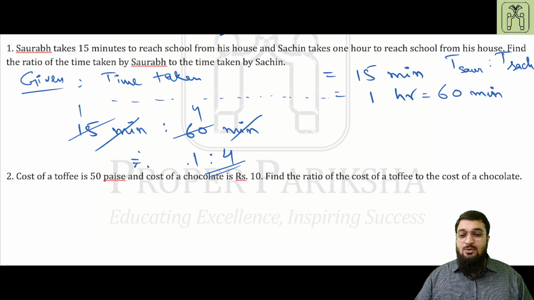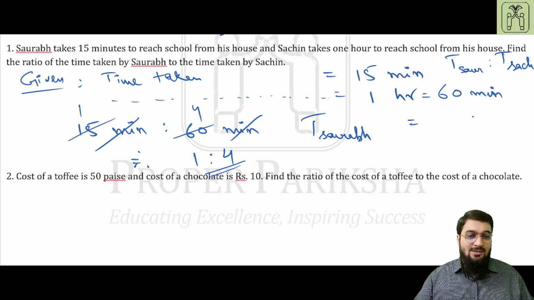Or if you want to write it verbally, you can say that time taken by Sachin is 4 times to that of Saurabh. That is, time taken by Saurabh, and you will write is equal to, and time taken by Sachin.